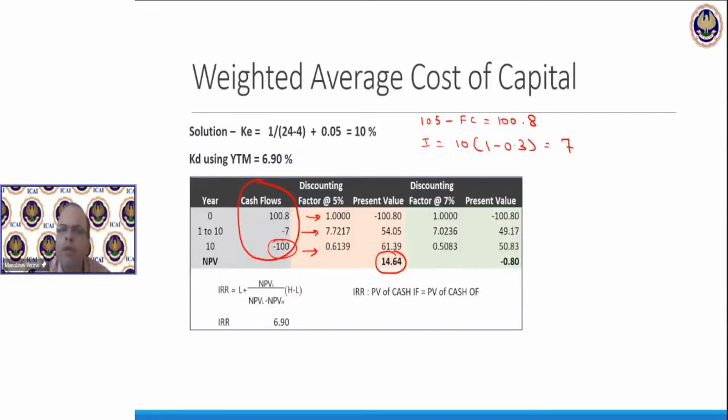So minus 100.8, it is discounted at the current value, multiplied by 1, interest multiplied by the annuity factor. Then the redemption value is also multiplied by the last discounting factor.